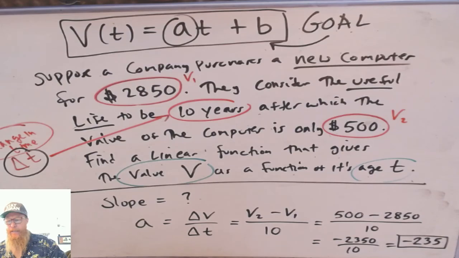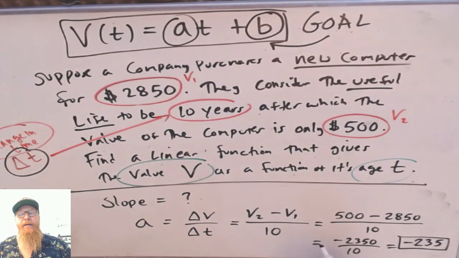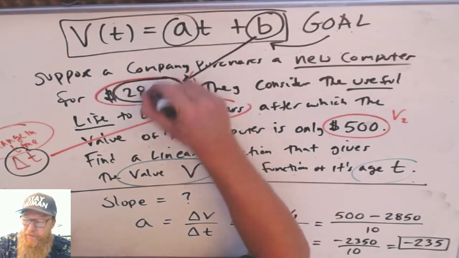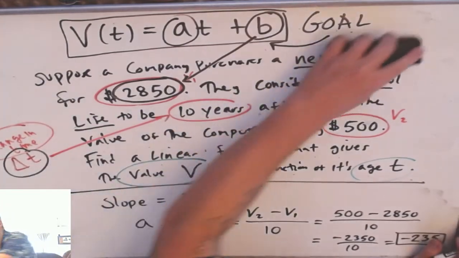Okay. And then B is free. B is also the value of the computer when you first bought it. So let's make a note here.